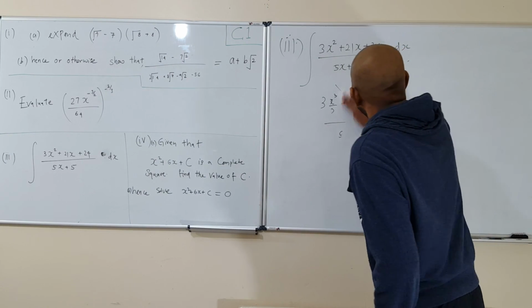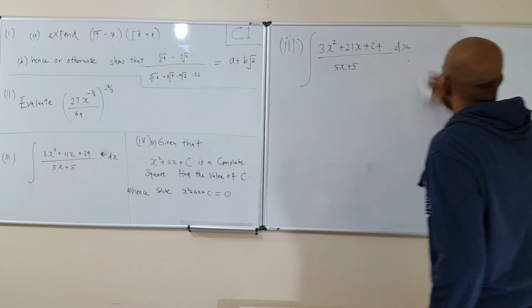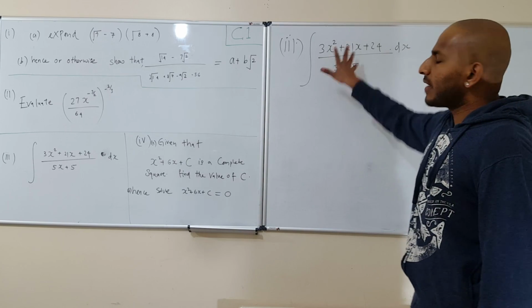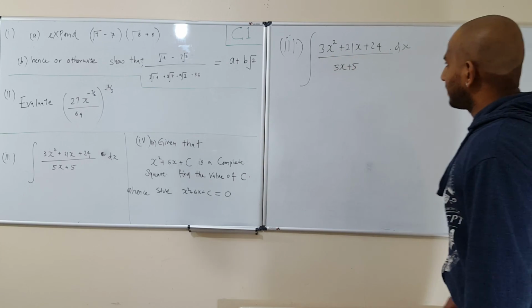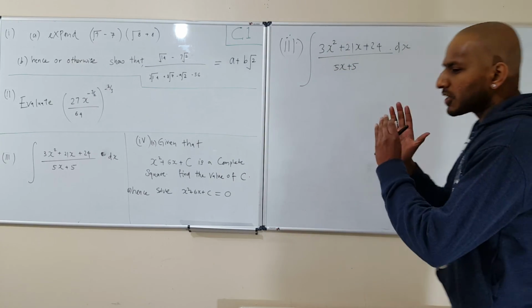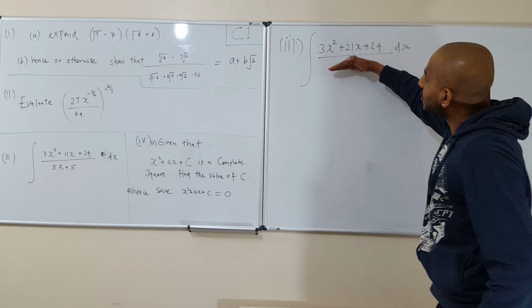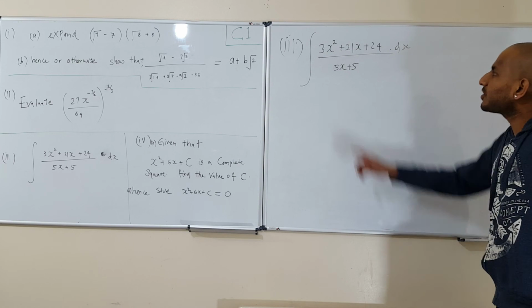The simple reason is, at this level, we can only integrate expressions separated by plus or minus. The terms must be separated by plus or minus. Here, this is also separated by division. So we can't just integrate each one like that.